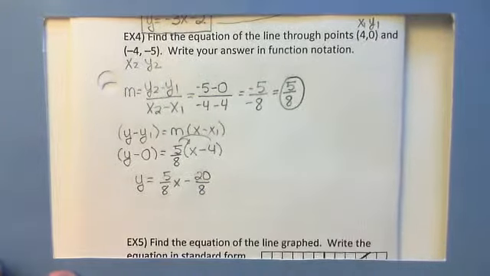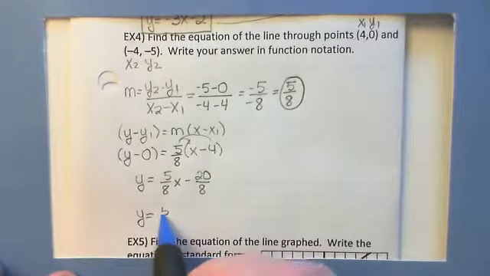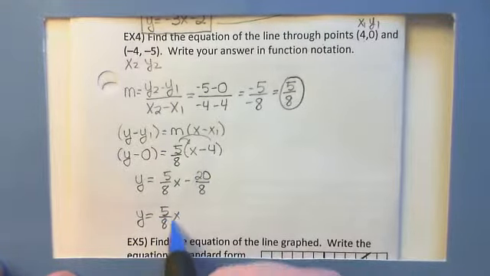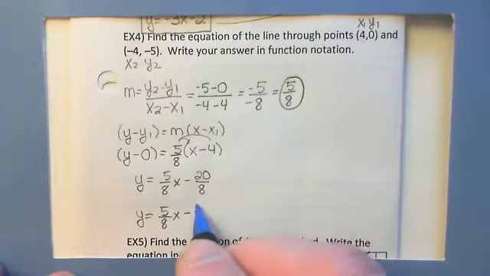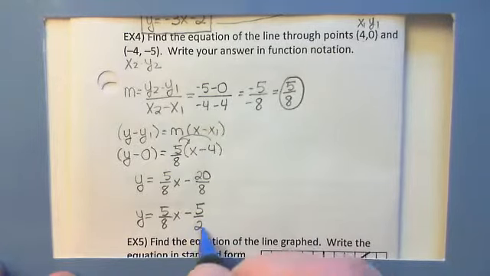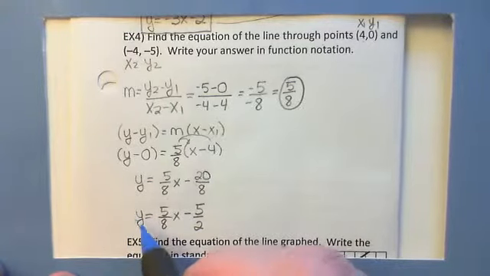And then you say, okay, can I divide 20 by 8? No, I can't, but I can reduce. So my answer would be 5/8 x minus, if I divide top and bottom by 4, this would be 5/2. Okay, now we got the y alone.